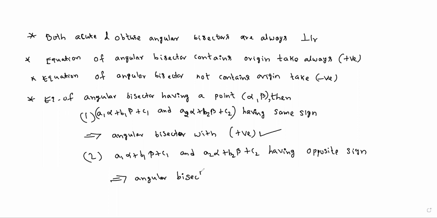What symbol here? We have to take minus. I'm not writing all the formulas, we already know the standard formula for that. In that both are involved, nothing but the acute angle and the obtuse angle. But when you have to take plus and when you have to take minus, we don't know. By these conditions, we can easily recognize which condition to apply for the values.